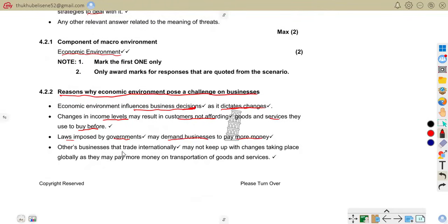Other businesses that trade internationally may not keep up with changes taking place globally, as they may pay more money on transportation of goods and services. Here we are talking about international trade challenges. Businesses trading internationally may struggle with exchange rate changes. For example, a weak rand makes importing goods more expensive.